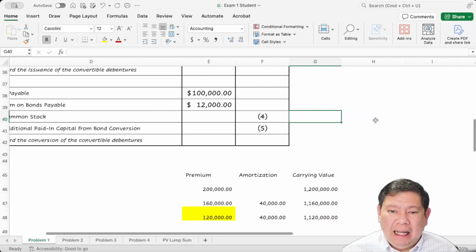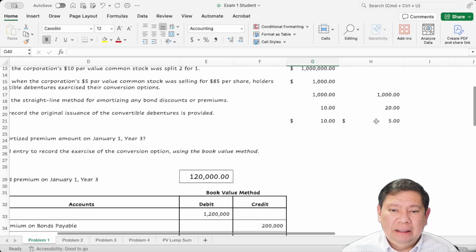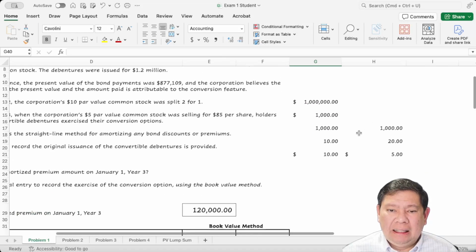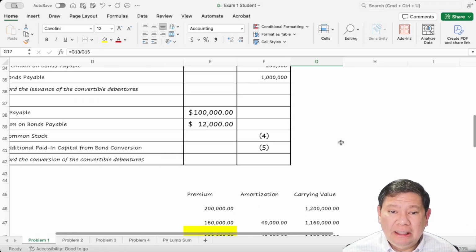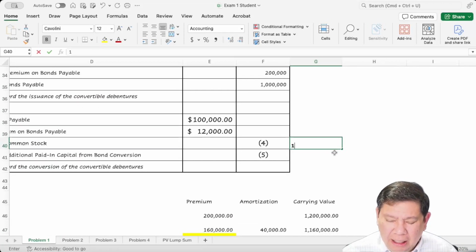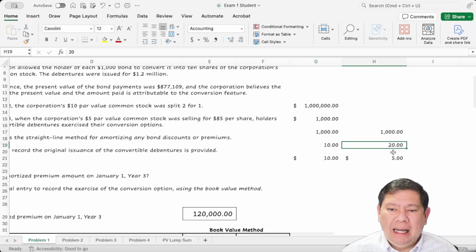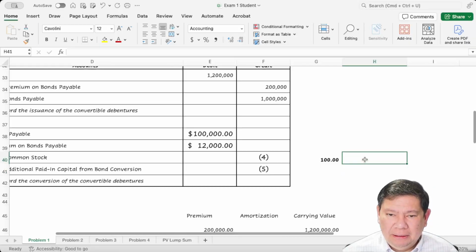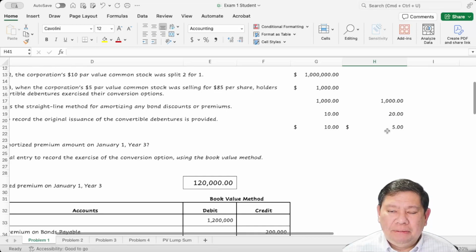Now this 10% of the bondholders, they are 10% of these $1,000 bonds, so there are 100 of them. They will get 20 shares, and the par value is 5.